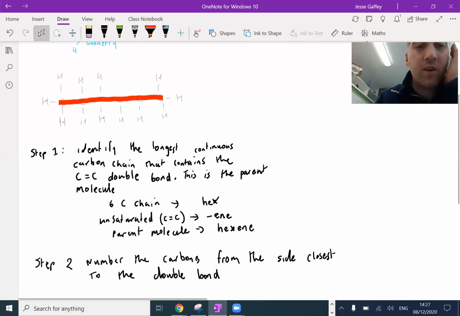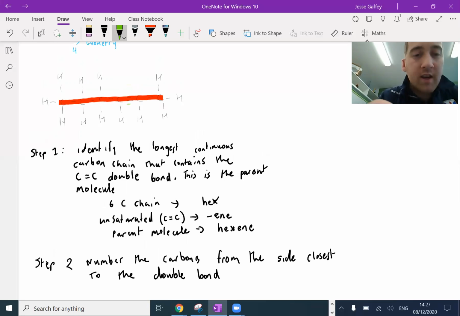I'm going to do that with a green pen. So the double bond is here. So the side closest to that, I'm going to start on this side. 1, 2, 3, 4, 5, 6. Now, if you do this the way it is in blue here, 1, 2, 3, 4, 5, 6, then that is wrong. We do not want to do it the way it's done in blue. We want to do it the way it's done in red. Start with the side closest to the double bond.